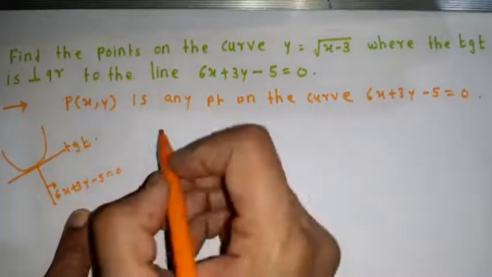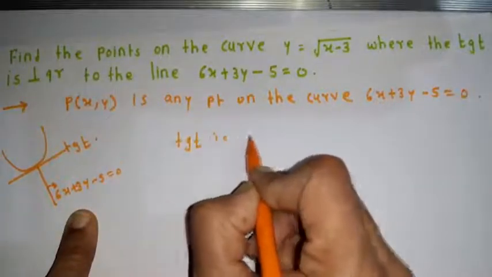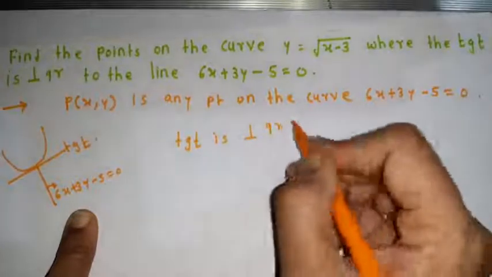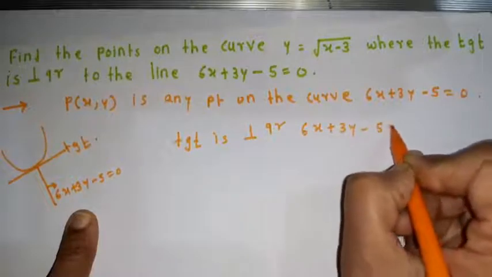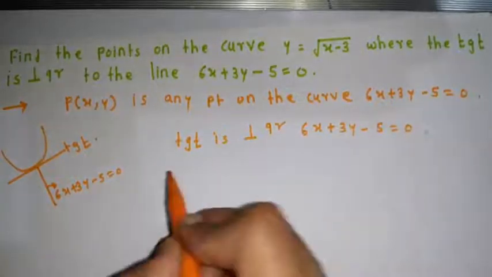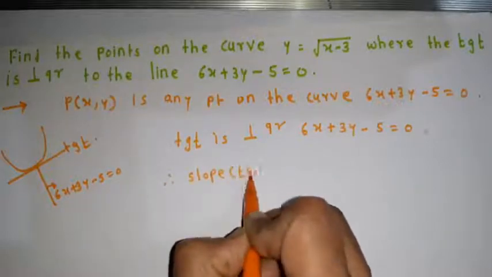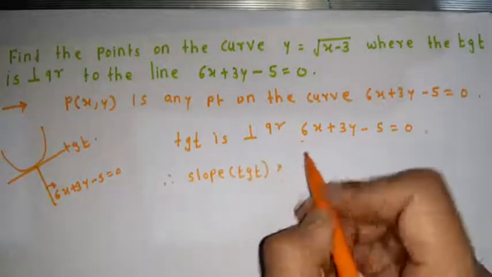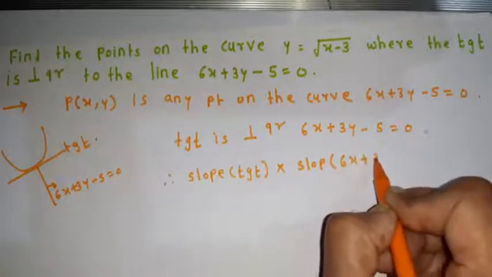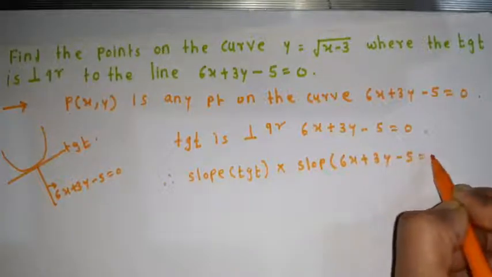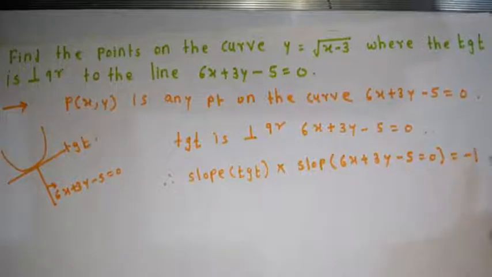As the tangent is perpendicular to 6x plus 3y minus 5 equal to 0, the slope of tangent into the slope of this line, the product of both slopes, equals minus 1.